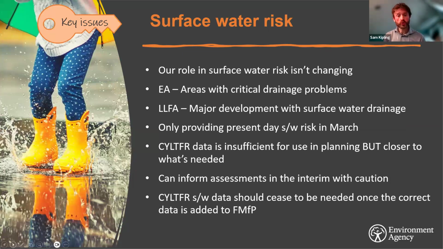Displaying the new surface water data on the flood map for planning also has some potential to cause some confusion about our role on surface water flood risk, but our role isn't changing.